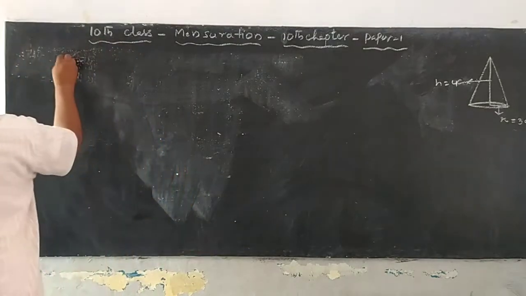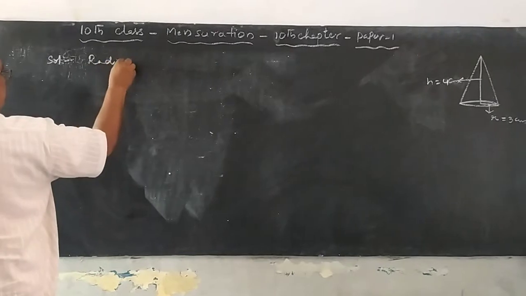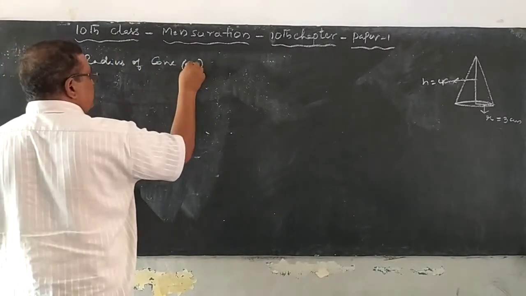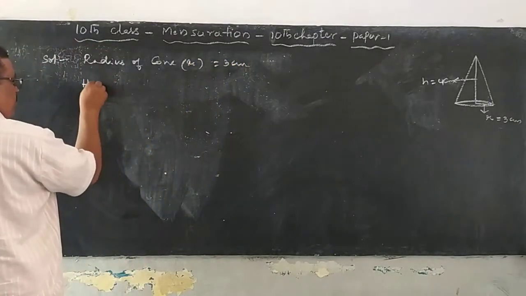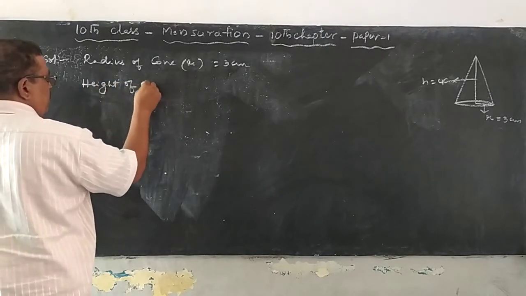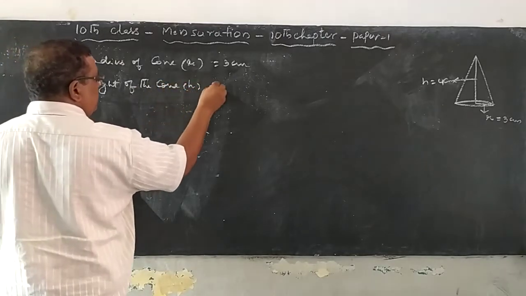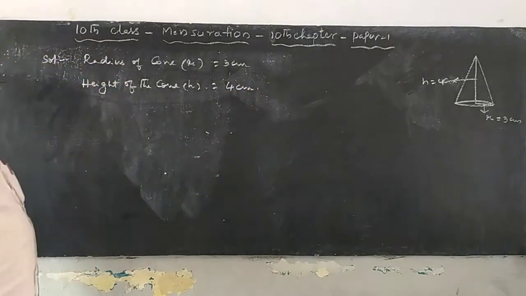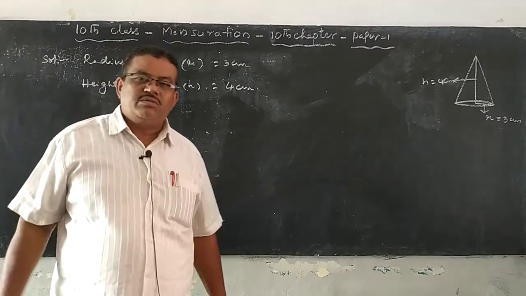First of all, we have to write the radius of the cone, r is equal to 3 centimeters, and the height of the cone, h is equal to 4 centimeters. Then we need to find the slant height. Why? Because we need to find the CSA of the cone.